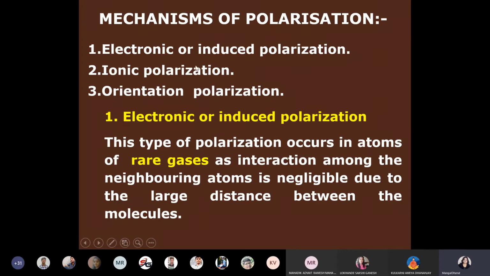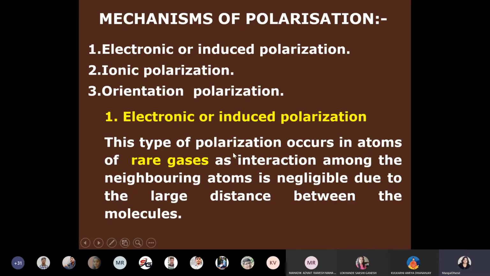Then orientational polarization: initially it may also be there because dipole moments already exist, but the direction will change. The name itself implies orientation, meaning here direction will change, here addition will happen, and here creation or induction will happen. So three types of polarizations are there.